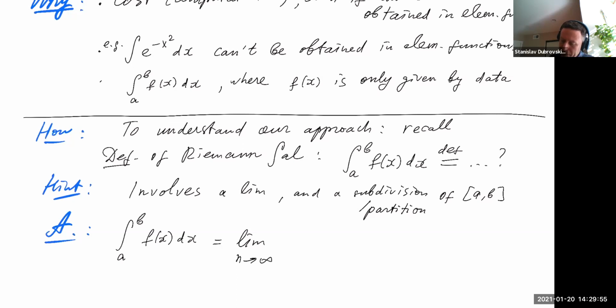We are talking about partitioning our interval, our segment AB, into x naught, which is equal to a, x1, which is a plus delta x, x2, which is a plus 2 delta x, and so on and so forth, where x sub i is a plus i times delta x, until xn is equal to b.